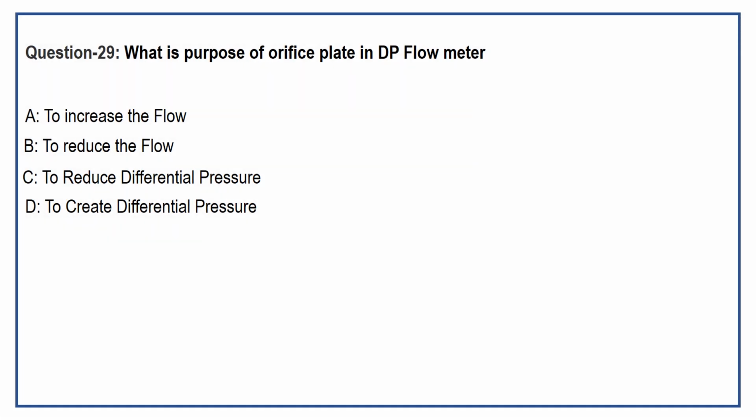And the question is, what is the purpose of orifice plate in differential pressure flow meter? Let's see the options. Option A, to increase the flow. Option B, to reduce the flow. Option C, to reduce the differential pressure, or option D, to create the differential pressure?